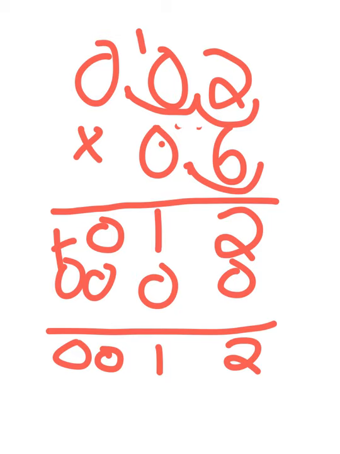So we have to make 3 jumps to the left here. So 1, 2, 3. And our final answer is 0.012. Erase the jumps so you can see that really well. 0.012 is your final answer.